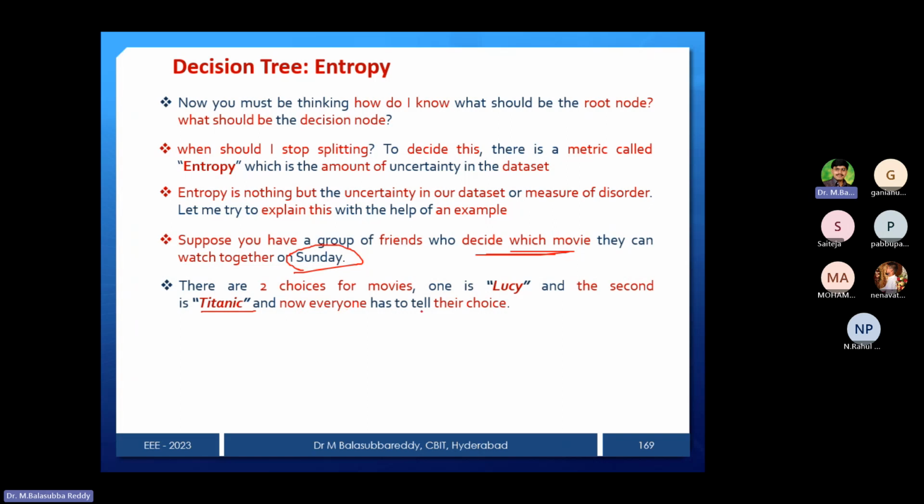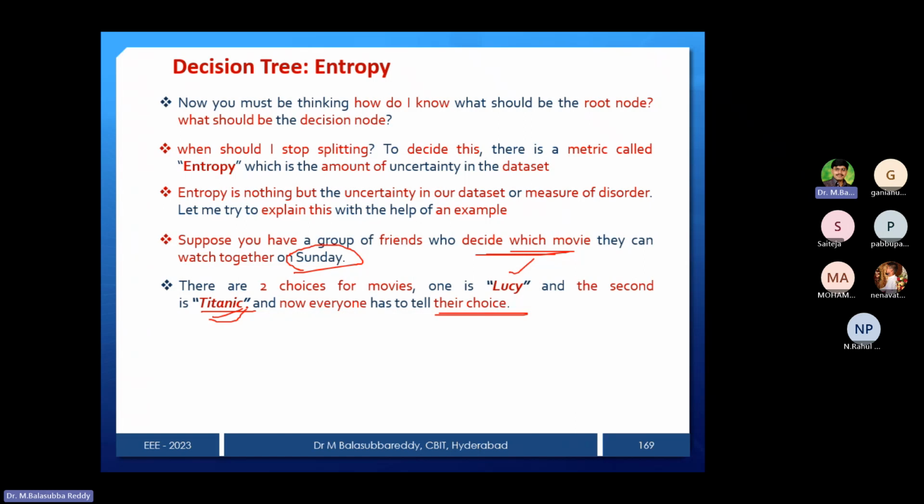Now everyone has to tell their own choice. Somebody may say they will go for Lucky, or somebody will go for Titanic. If Titanic gets more votes than Lucky, then obviously we can decide.